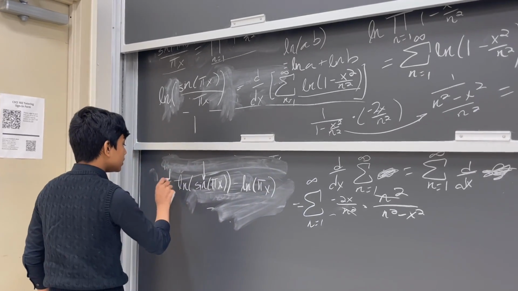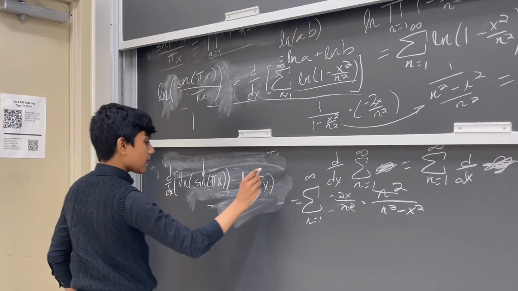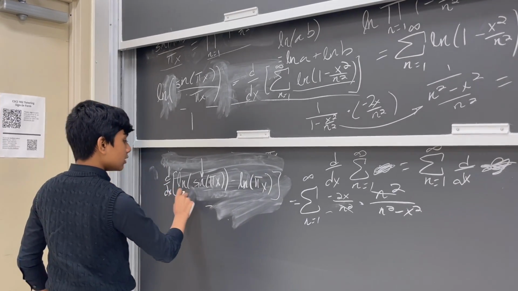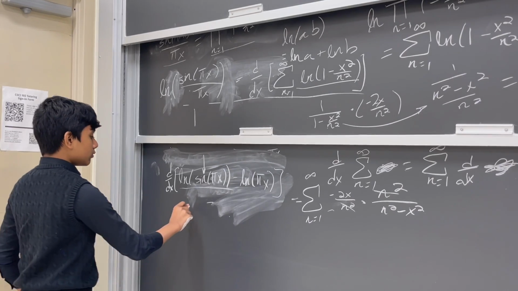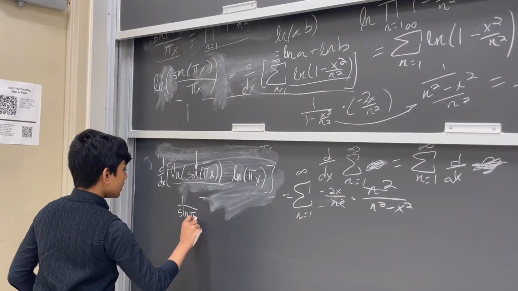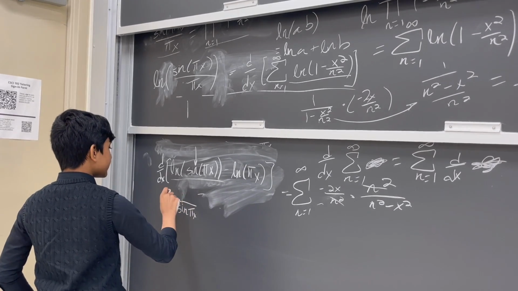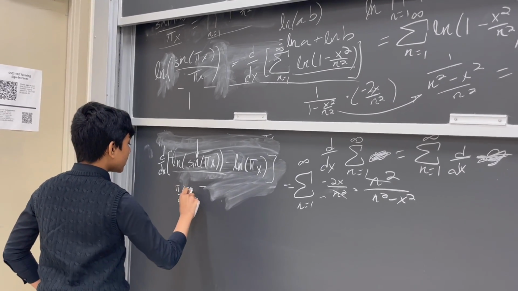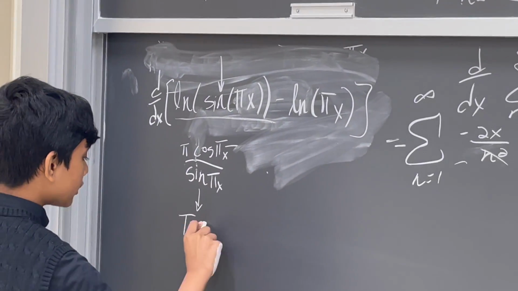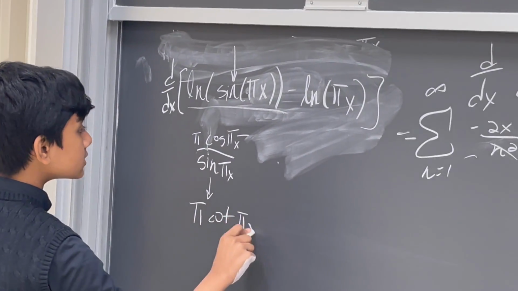And then we want to do d dx of that. Now, what is that? Well, that should be pretty easy. What's this part, first of all? Well, it's 1 over sine pi x. And then on the top, we get pi cosine pi x. Now, this is just going to be reduced to pi cotan pi x.